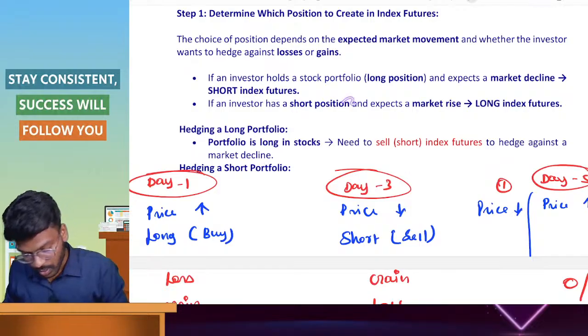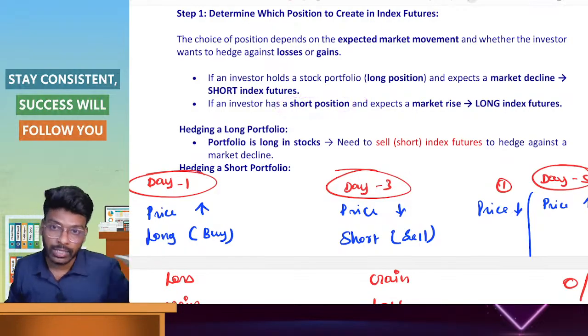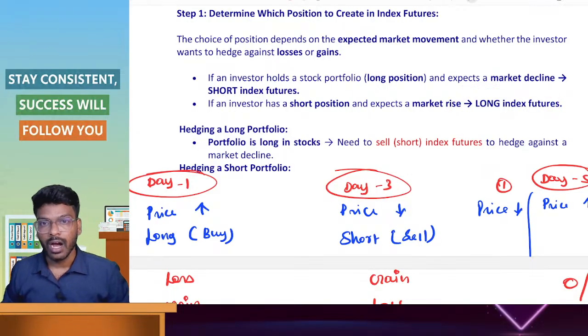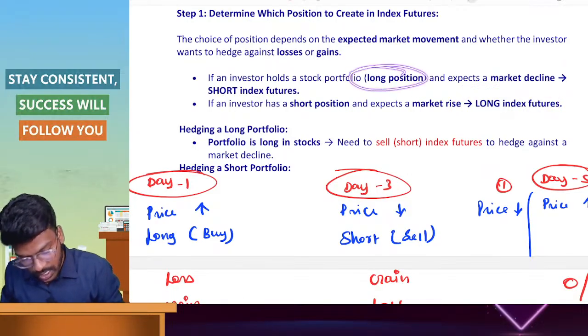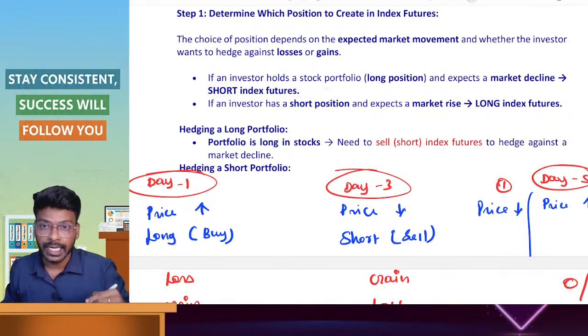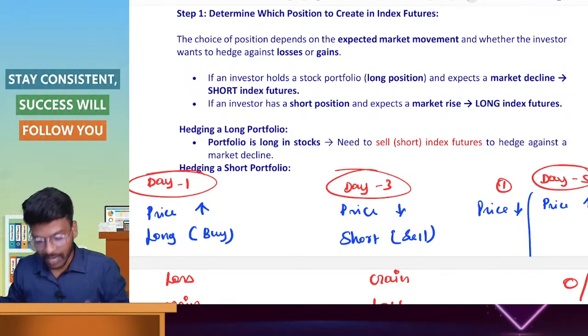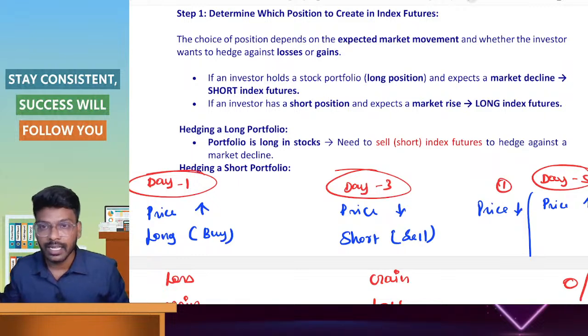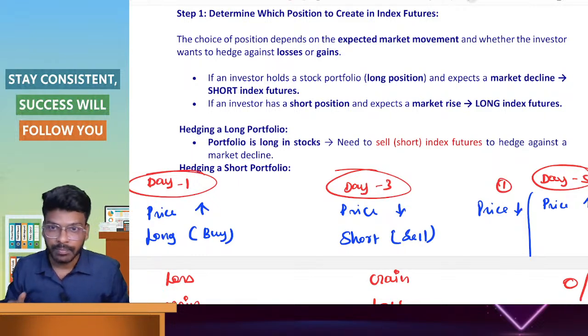So he has a short position, he has to take the opposite position, that is a long position. It is a day 1 position, and a day 2 position in case the expectation changes. If the expectation does not change, then he will hold the shares and face the losses, based on the maturity date.